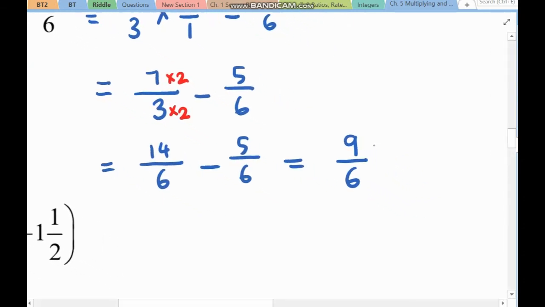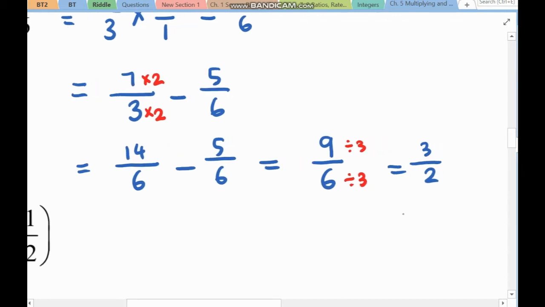So one number can divide both 9 and 6. That is 3. So 9 divided by 3 is 3. 6 divided by 3 is 2. So 3 over 2. Or we can change that to a mixed number, which is 1 and 1 over 2. 2 goes into 3 once. 1 and 1 over 2. Alright?